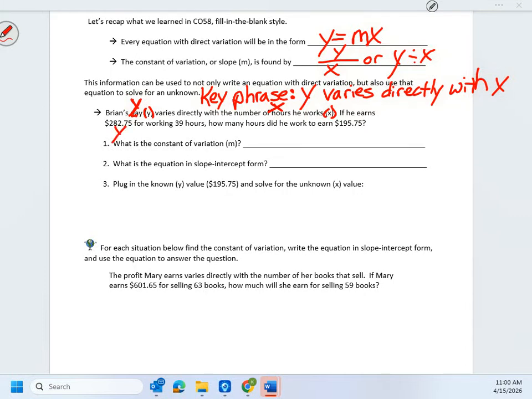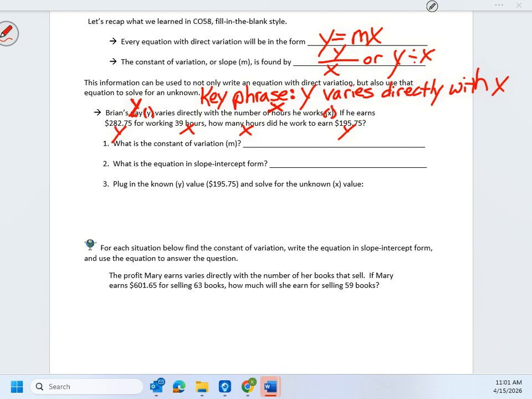The hours is my X. So you're going to be writing Y's and X's 3 times in your word problem. The question says, how many hours did he work to earn $195.75? Where am I going to put my Y and my X for that? Elliot. Y for 195.75. Y is the pay. And then X for hours. So when we get this word problem, you are going to write Y and X 3 times.